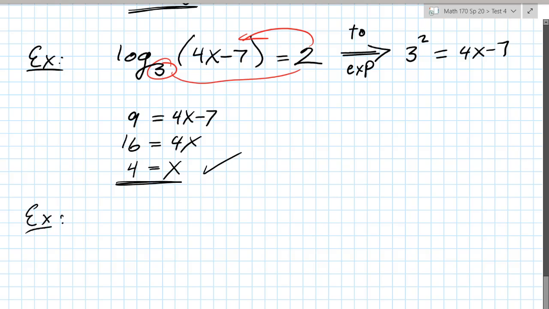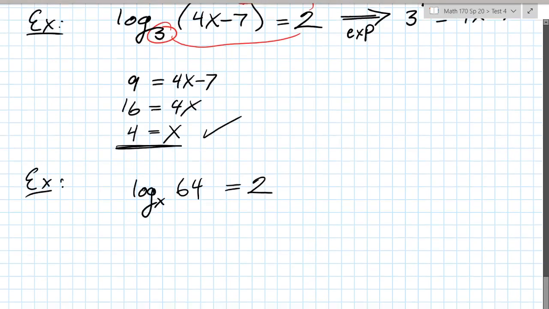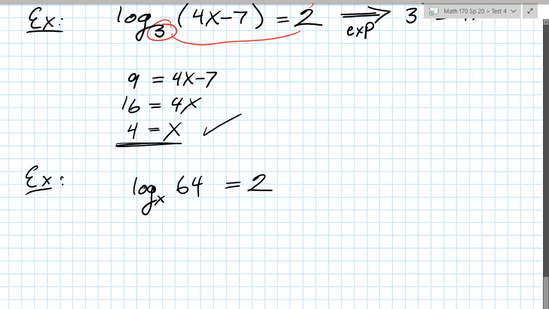How about this next one? Log base x of 64 is 2. Well, there's only one log in this problem, and the x that we're solving for is in the base. So let's again change it to exponential form. x to the 2 power is 64.